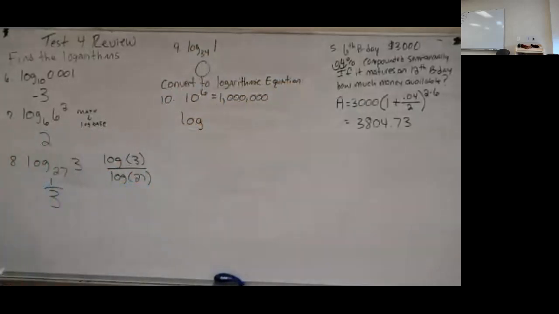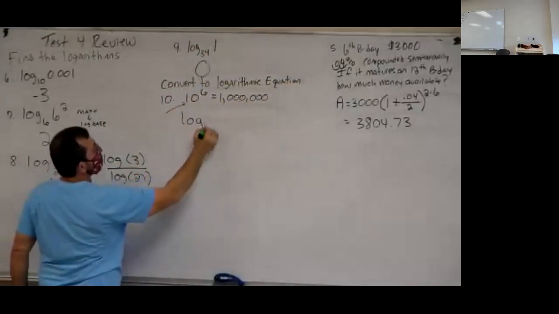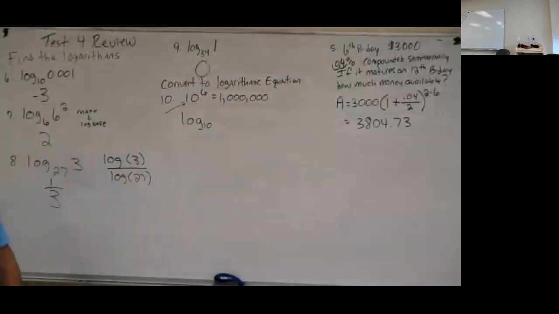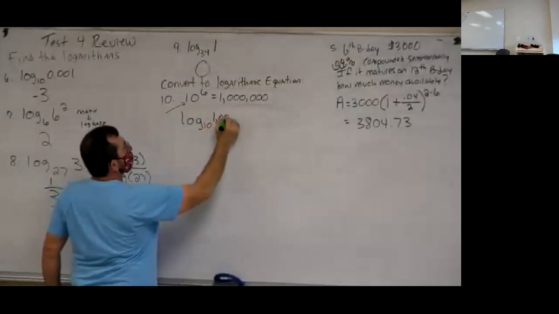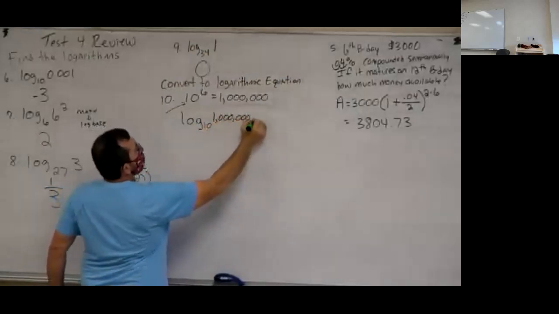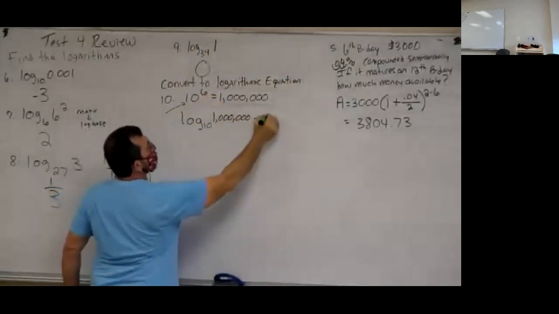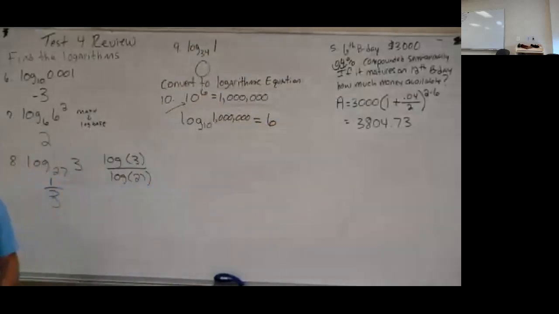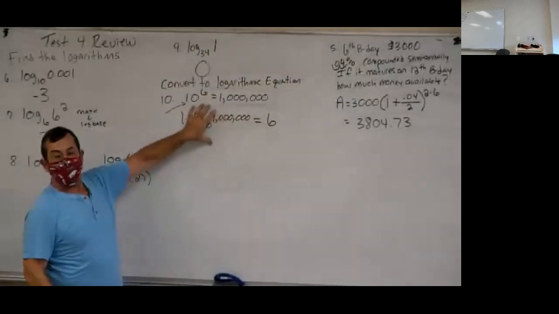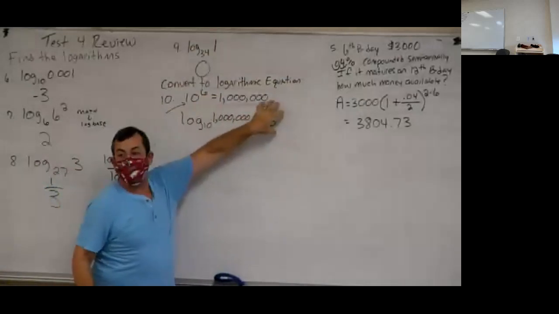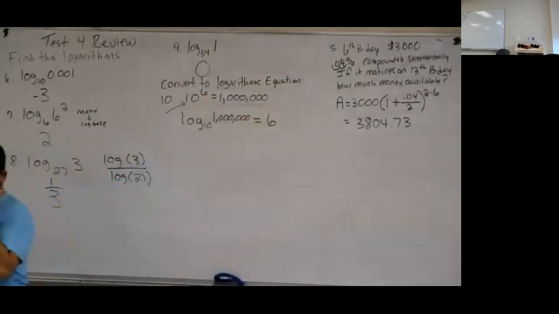So there's my log. My base of my log is the 10. It's the same thing as the base of the exponent. The result is the 1 million. That's going to equal the exponent, which is the 6. So you got to get used to this whole logarithm expression on the left side. All it equals is that exponent of the 6, okay?